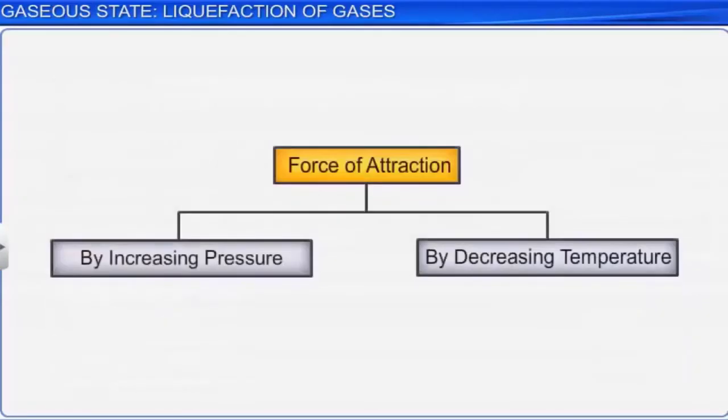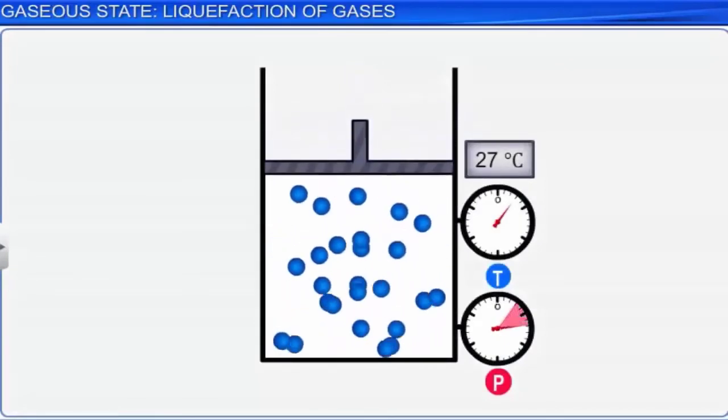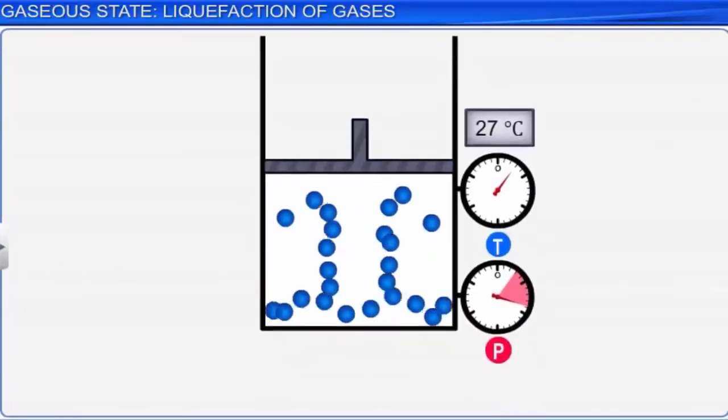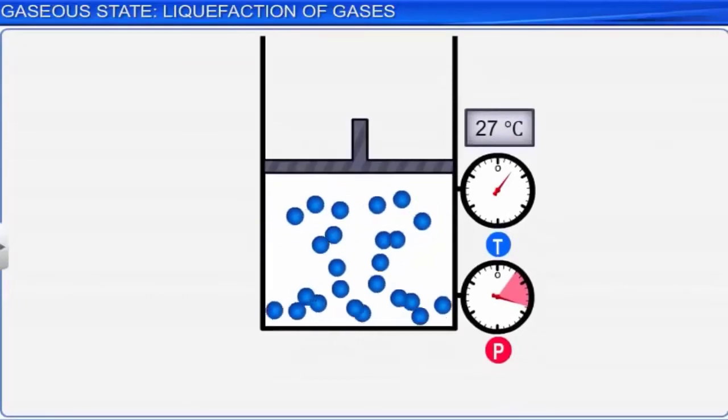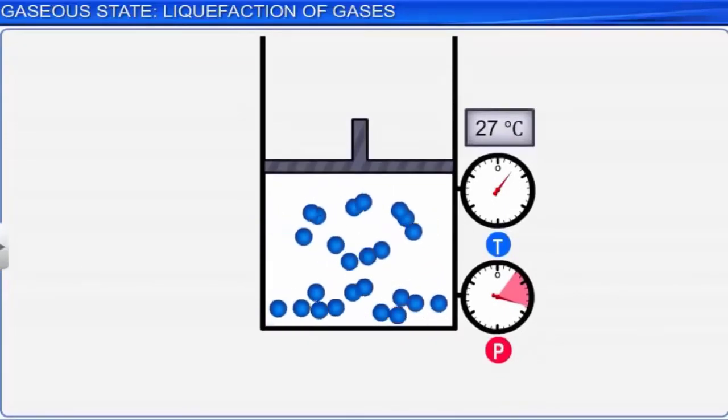The first method involves an increase in pressure of the gas at room temperature. When we increase the pressure, the gas molecules come closer to each other. This results in an increase in the intermolecular forces of attraction between the molecules, which leads to the liquefaction of gases.